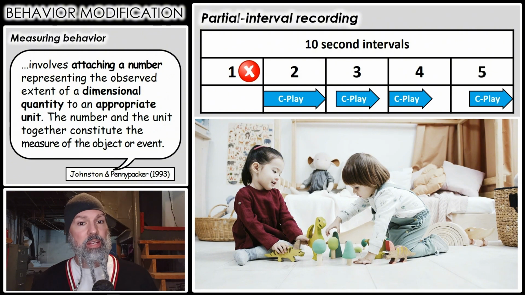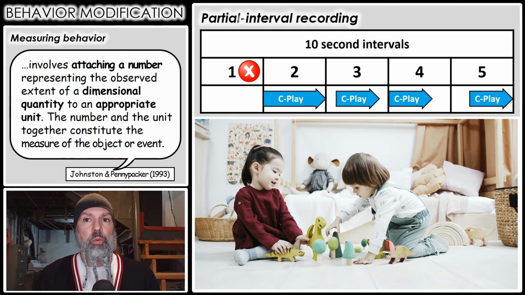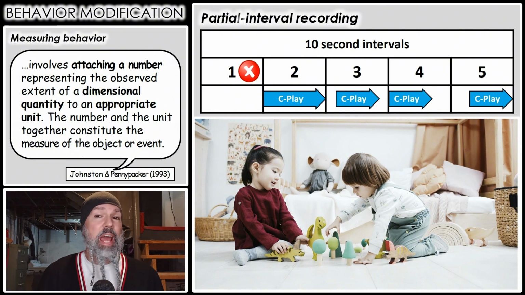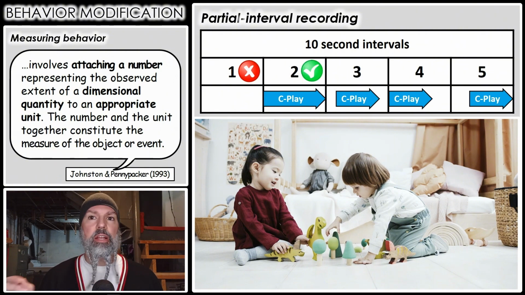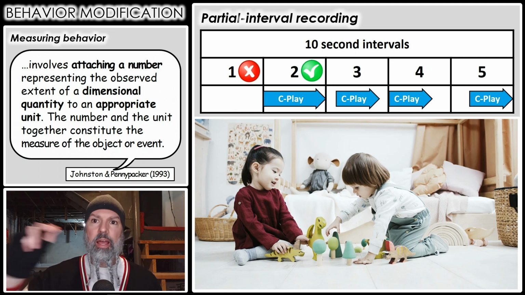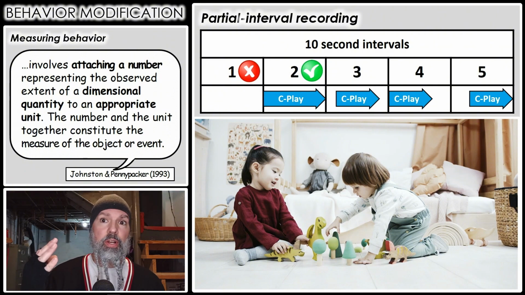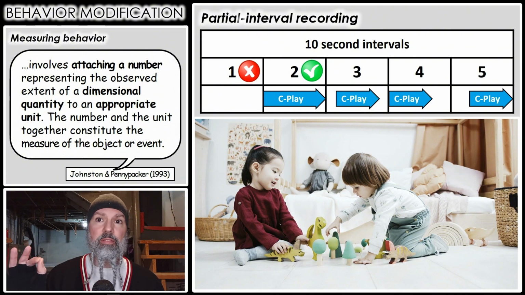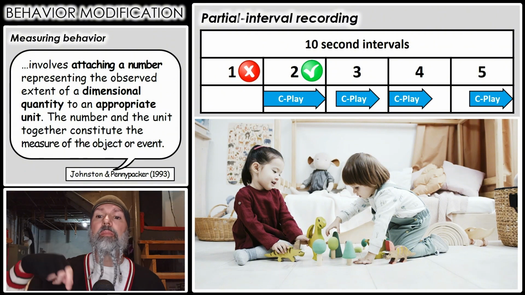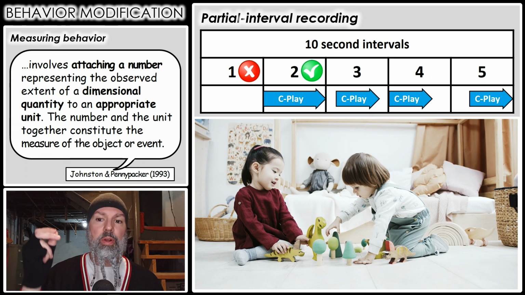For that second interval, the behavior began at the beginning and went all the way to the end. But what's important for partial interval recording is that the behavior occurred at all. So in this case, they would say, absolutely, during that interval, behavior occurred. So we're going to check that interval as containing that target behavior. For the third interval, again, as long as the behavior occurs within the interval, that would be a recording of that behavior.